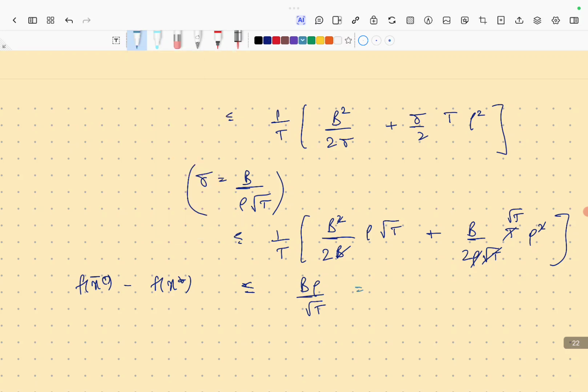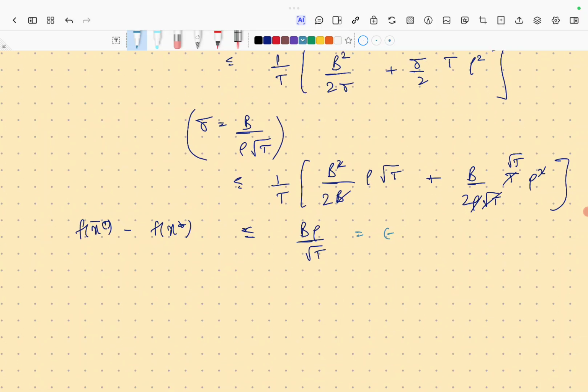So if I set this to be equal to epsilon, that's my target, that I want to get epsilon close to the minimum, then this would require t to be greater than or equal to b square rho square divided by epsilon square. Okay, is that okay?